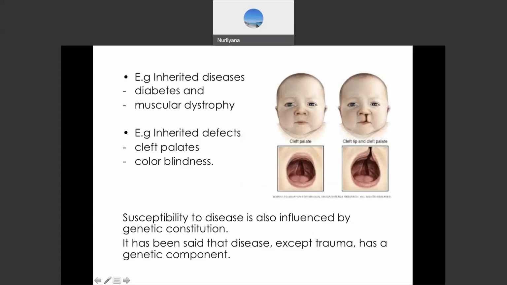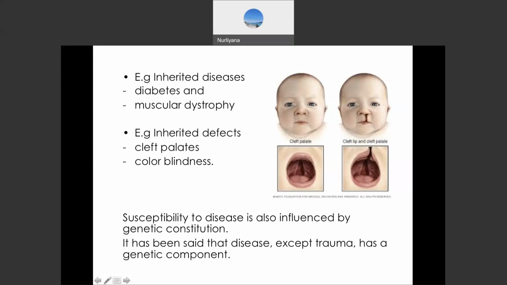A few examples of inherited disease are diabetes and muscular dystrophy. If, let's say, your father or your atuk, your grandfather, has diabetes, you have the tendency to get these genes, or the tendency to also get this disease. There are also some defects. A defect is usually not a disease, but it affects specific organs.